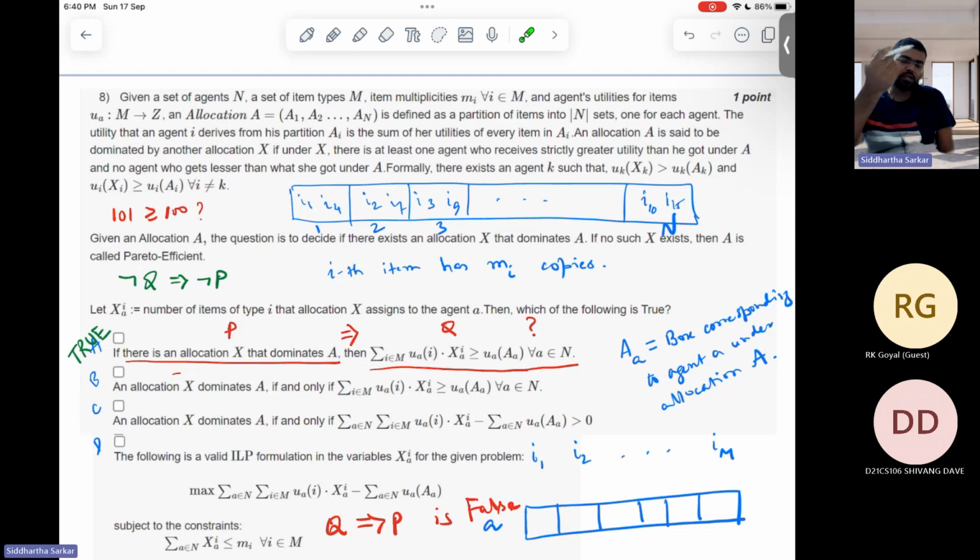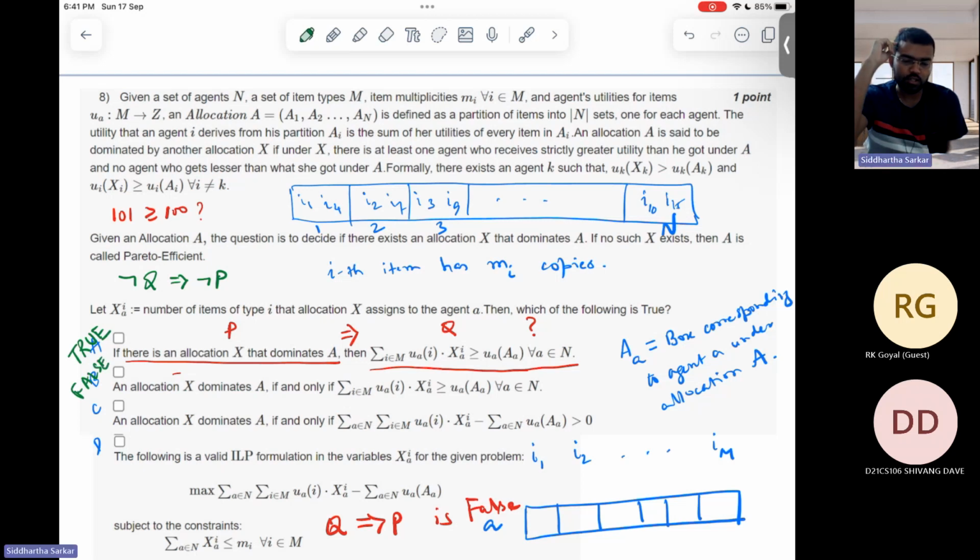Why is that so? As you have said, maybe everything is equal, then X cannot dominate A. Maybe the utilities are all equal. So this is false.